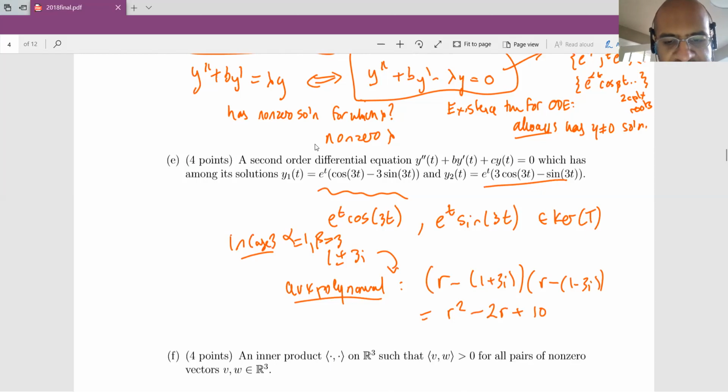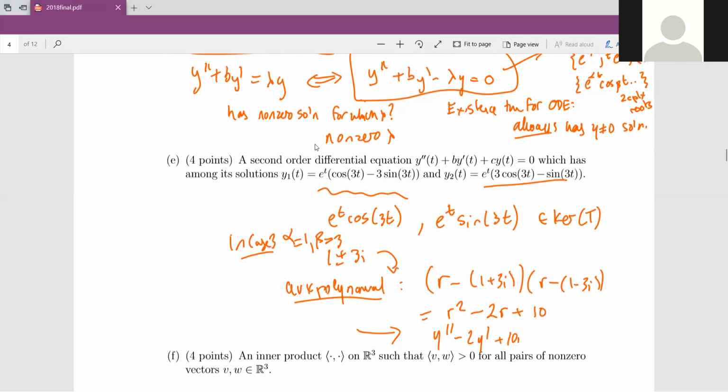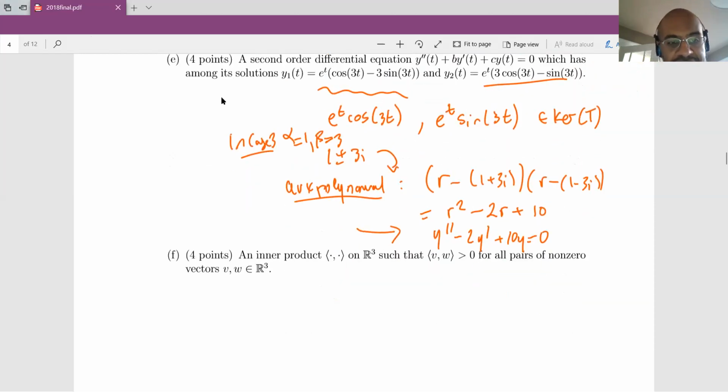So then what's the equation? y double prime minus 2y prime plus 10y. Yep. So it's just using the fact that this whole process is actually reversible. If I tell you the solutions, you can actually figure out what the equation was, which is kind of neat because you can't do that in many other kinds of equations.